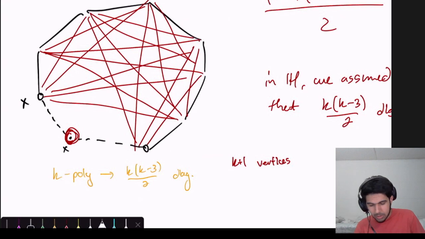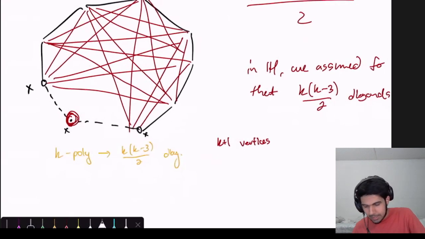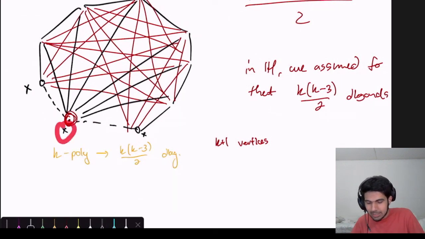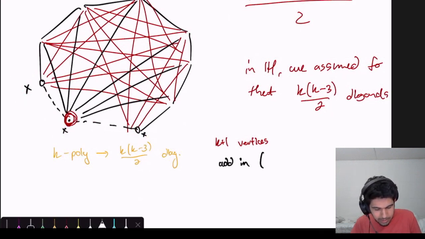So it can't go to this one or this one. If there were k plus 1 vertices, and we can't connect to 3 of them, that means we add back in k plus 1 minus 3 diagonals.